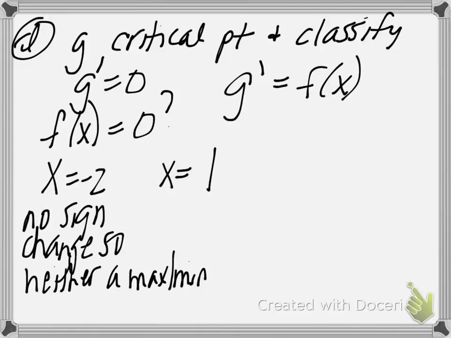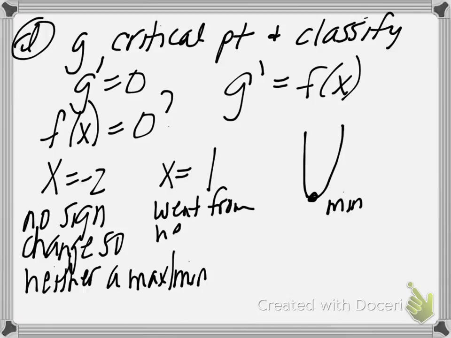Now at x equals 1, it is going through, and it was first negative, and then it went through and was positive, so that would be a min. So you would say it went from negative to positive, so it's a min.